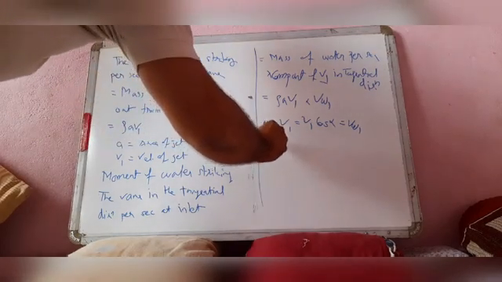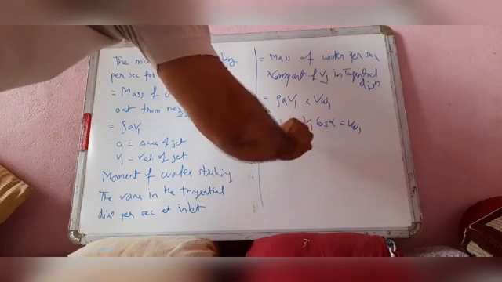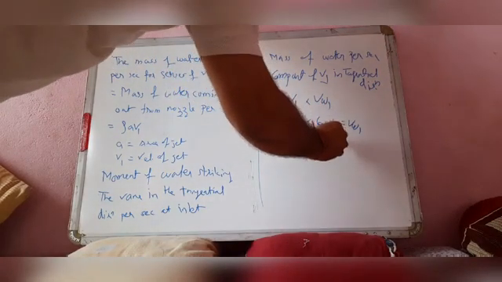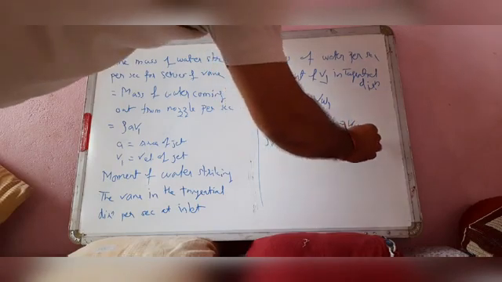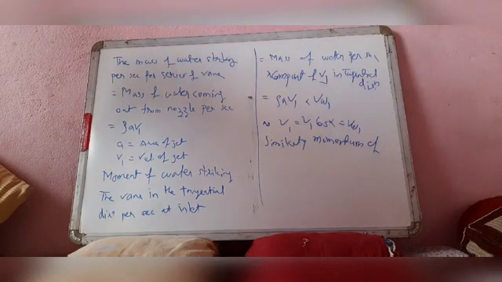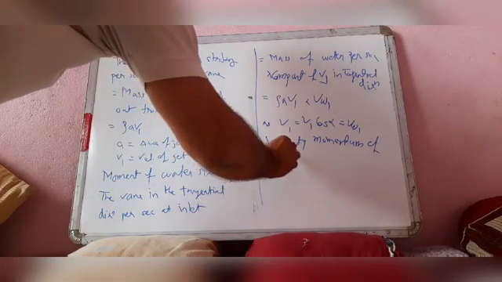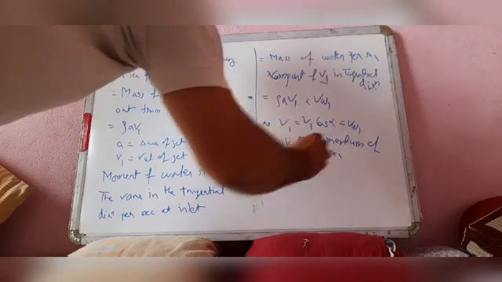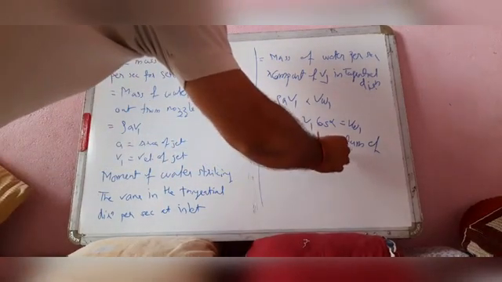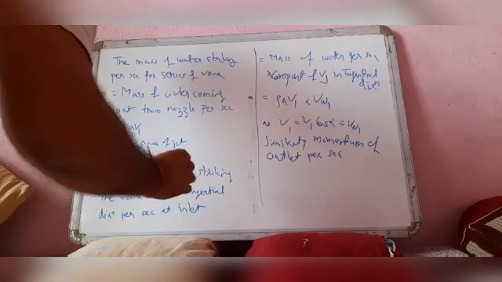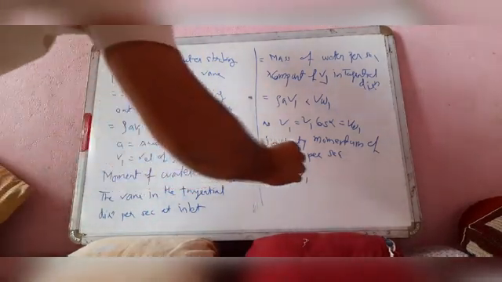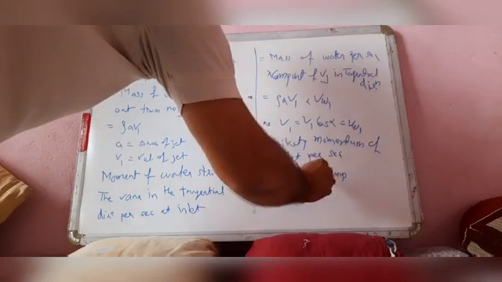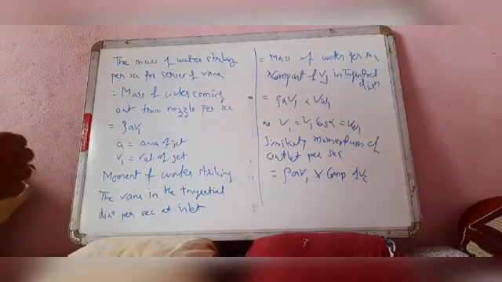Now similarly, momentum of water at outlet per second is equal to rho A V1 into the component of V2 in the tangential direction.